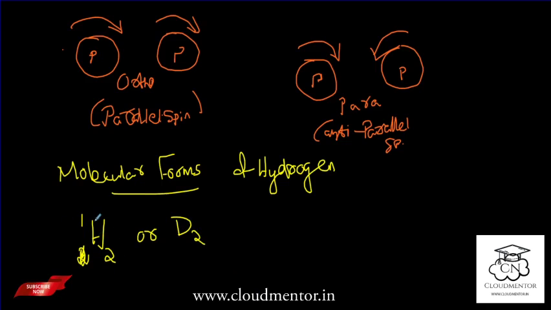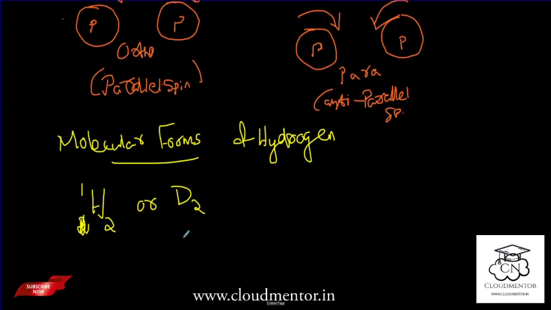This one is called dihydrogen and this one is called di-deuterium, and T2 is called ditritium, along with HD, HT, DT, and such ones. They are also found in combined forms of the isotopes.